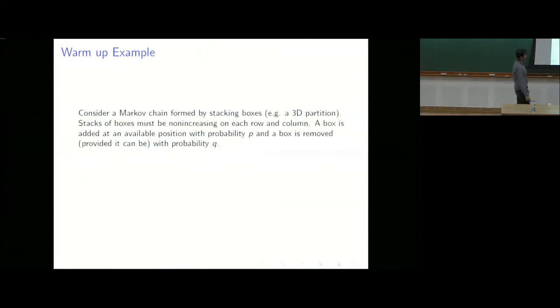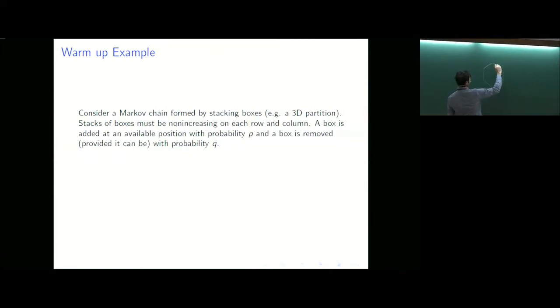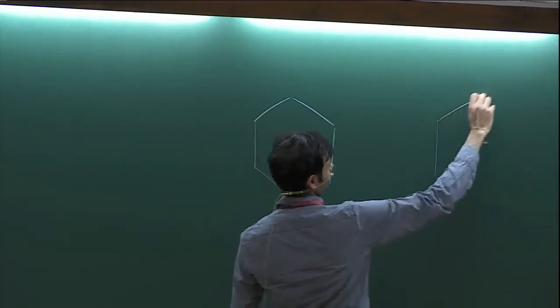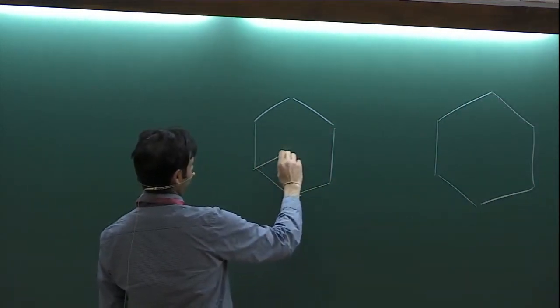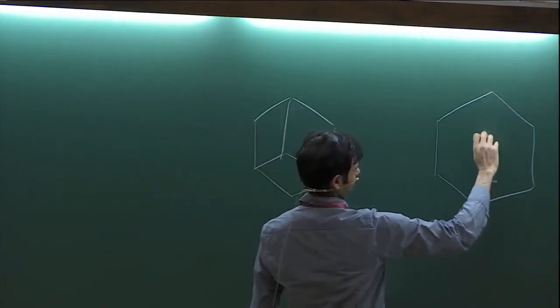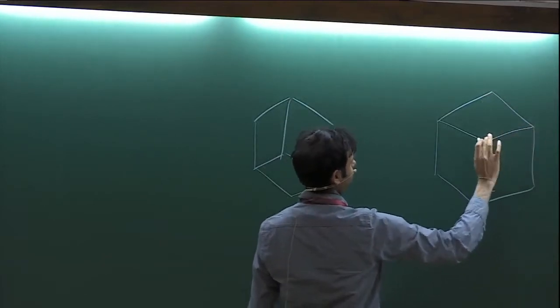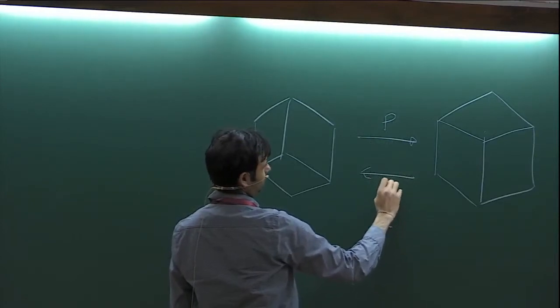As a little warm-up example, just so that it sets the scene, we'll consider a Markov chain modeled by stacking boxes. So a box you can look at as a hexagon. And you can go from having an empty box to a full box. We'll do that with rate p, and it goes backwards with rate q.